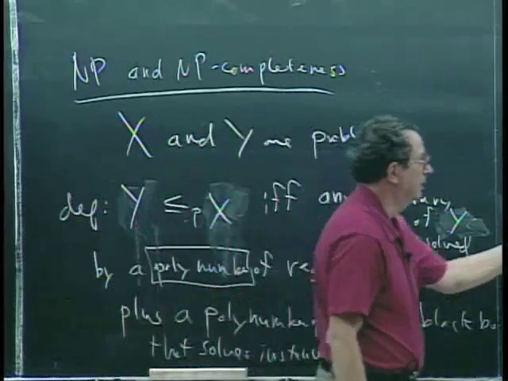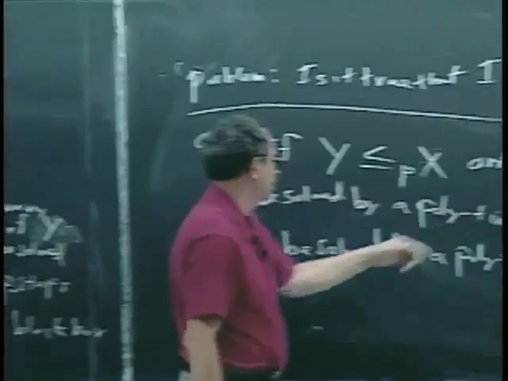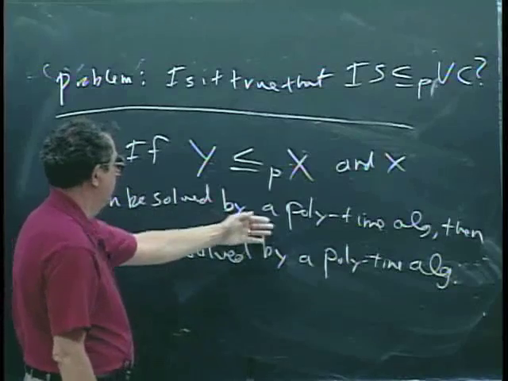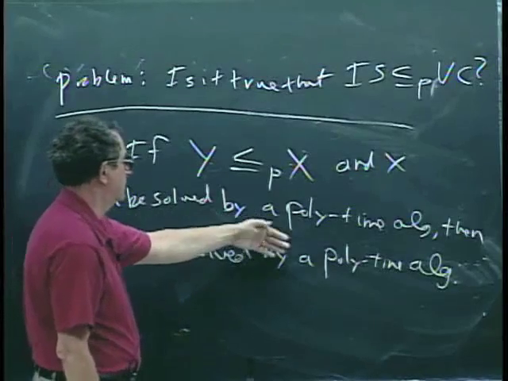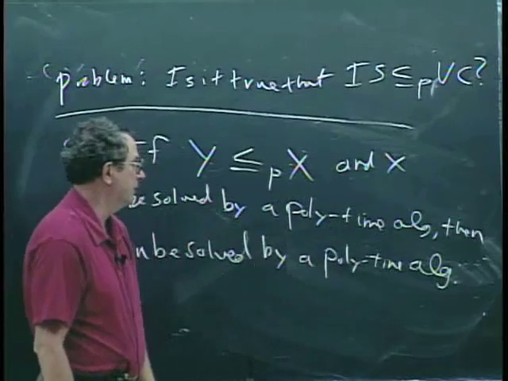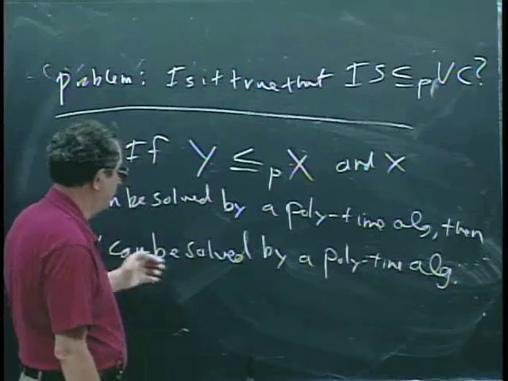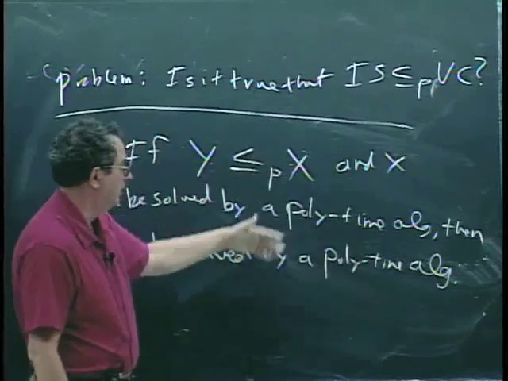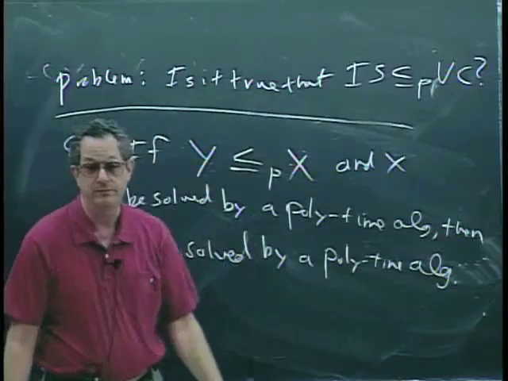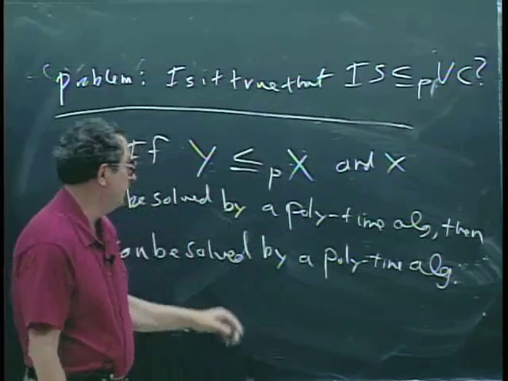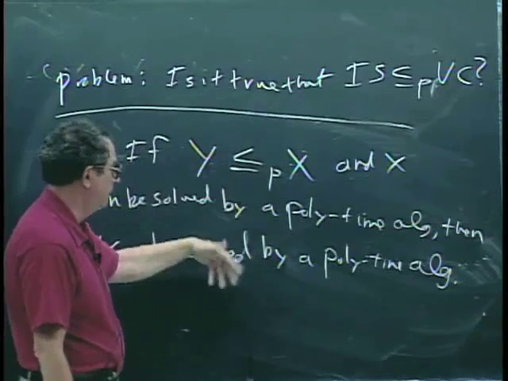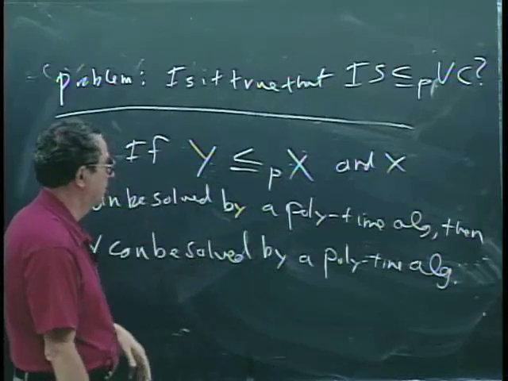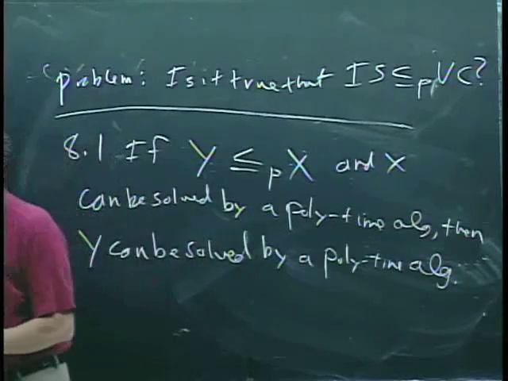But now if the black box is actually an algorithm whose running time is bounded by a polynomial function of input size, then y can be solved. Then we can just put the two things together, and we have a completely constructive, explicit description of how to solve y by a whole mechanism whose total running time is bounded by a polynomial function of the input size of y.